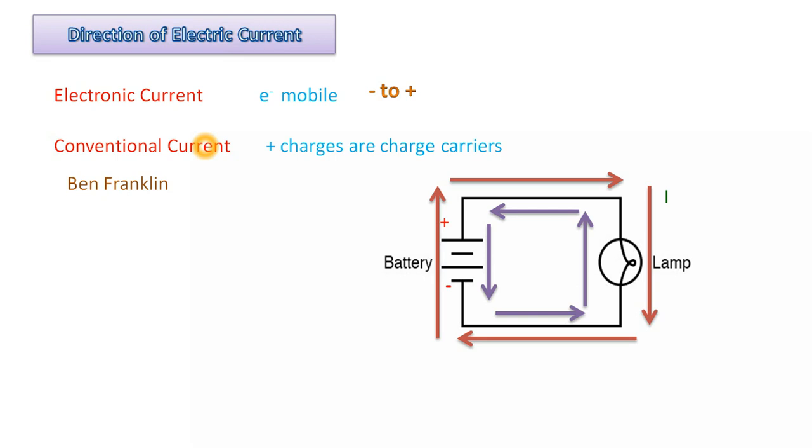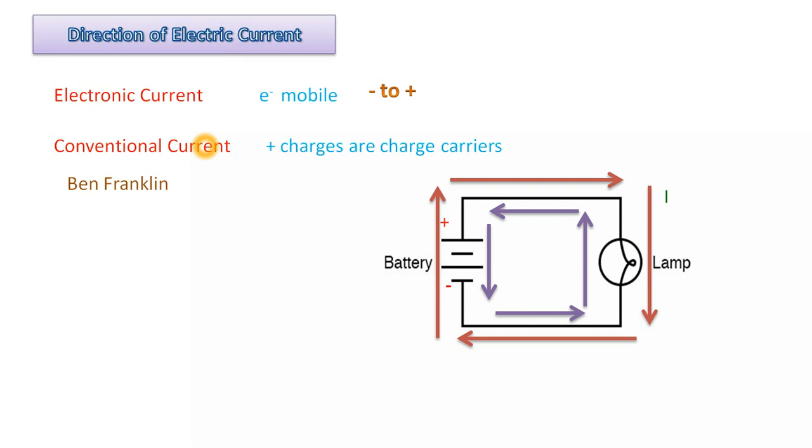So what was done in order to avoid confusion? The conventional current direction was followed so that everybody will be on the same page. Otherwise, what would happen? Some people would do their assumptions, experiments and calculations considering the direction of electronic current, and some would do it considering conventional current. That is going to create a lot of confusion.